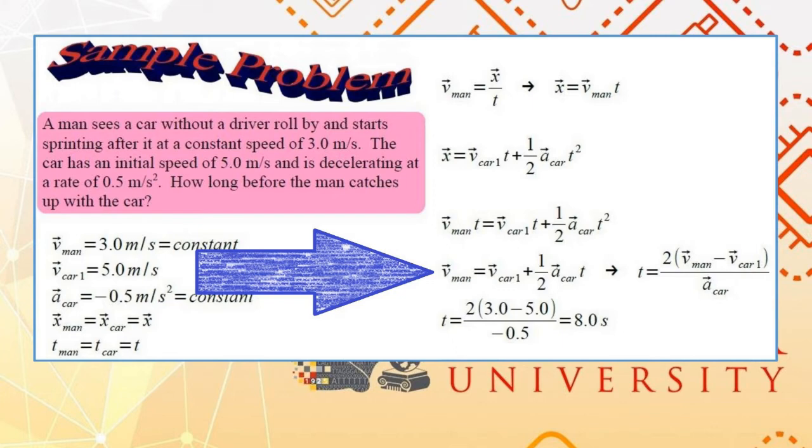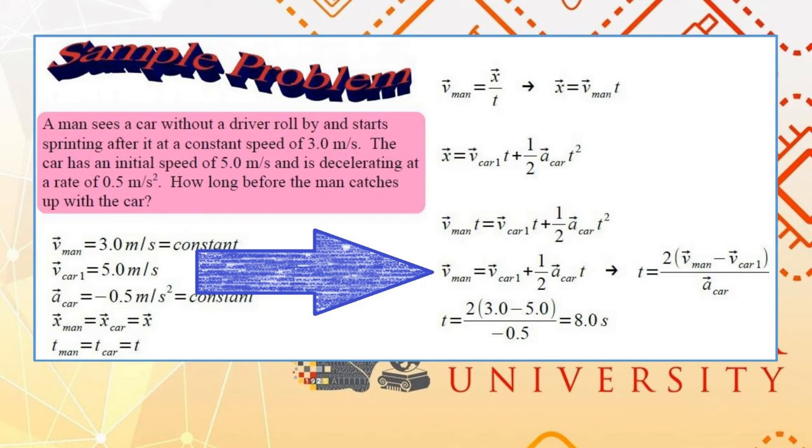If we now equate this x for the car and the x that we got from the motion of the man, so we are now uniting the motion of the two objects in terms of x, we get v man t is equal to v car 1 t plus 1/2 a car t squared.